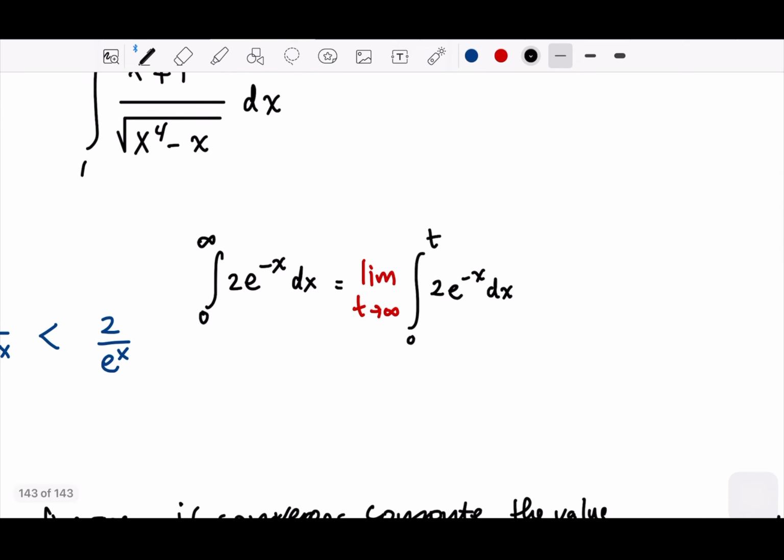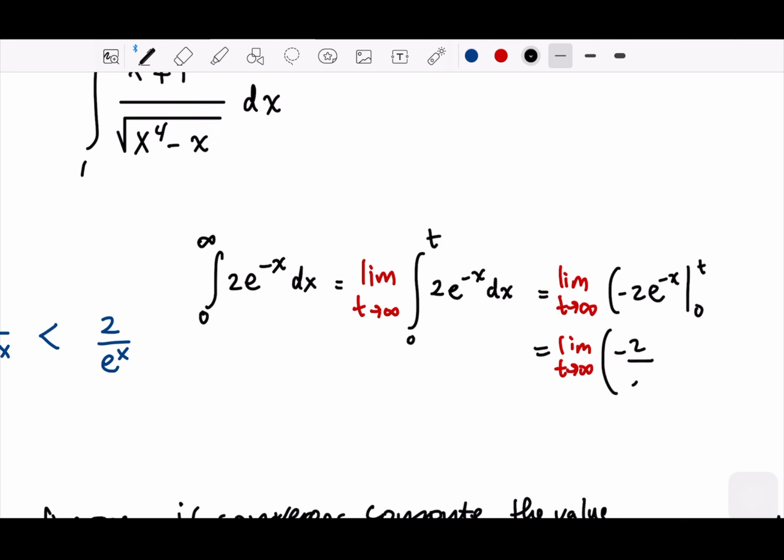And the integration of e to the power of negative x will result in a negative form, right? Then input 0 to t, and this will be equal to negative 2 over e to the power of t plus 2.